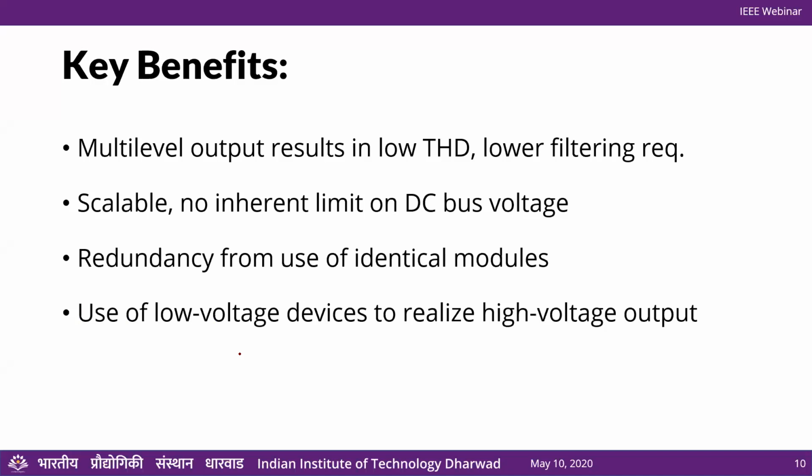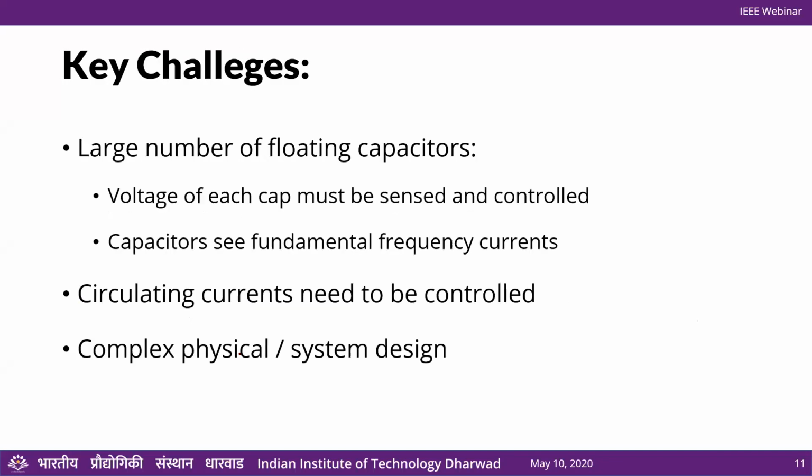There's no physical limit, or no essential limit, on how many modules you can stack. And there's redundancy from the use of identical modules, which gives you operational benefits. And the other thing, of course, is that we are using low voltage devices to realize high voltage output, which is a big bonus, because you don't have devices that can tolerate transmission level voltages anyway.